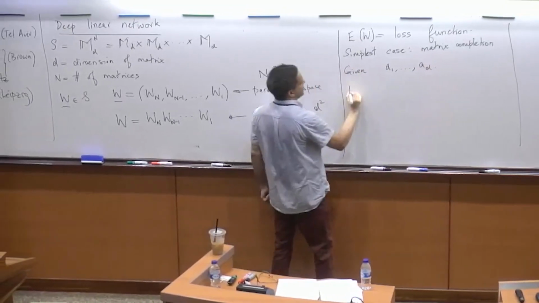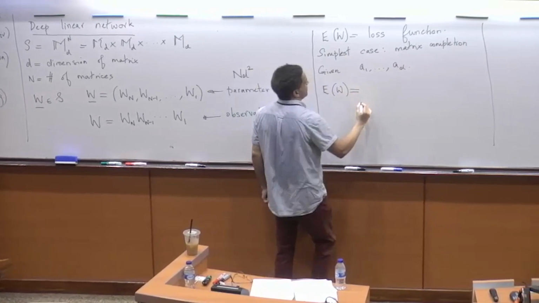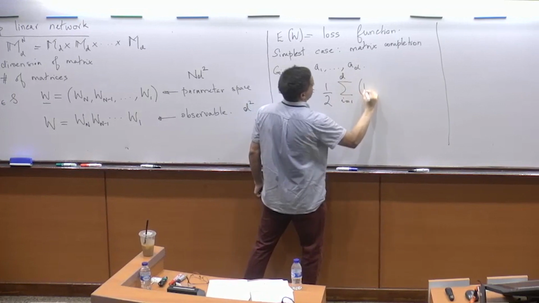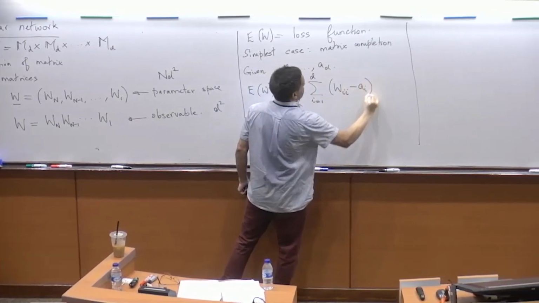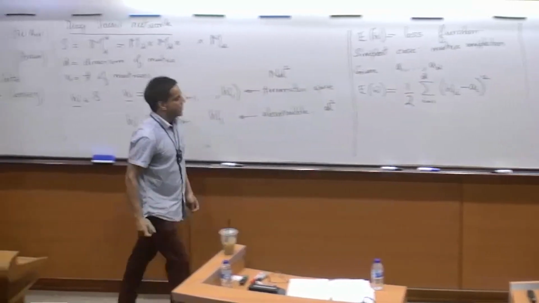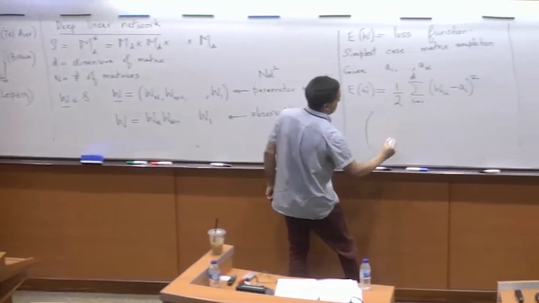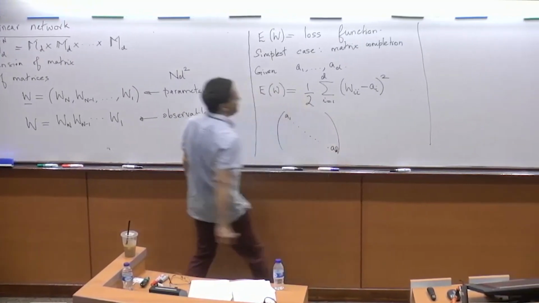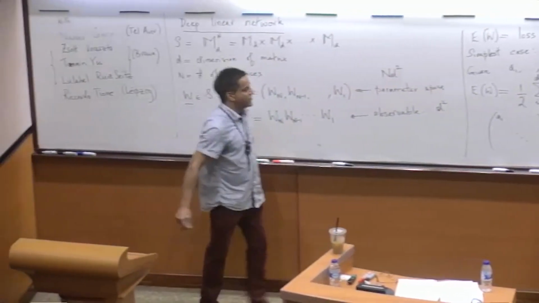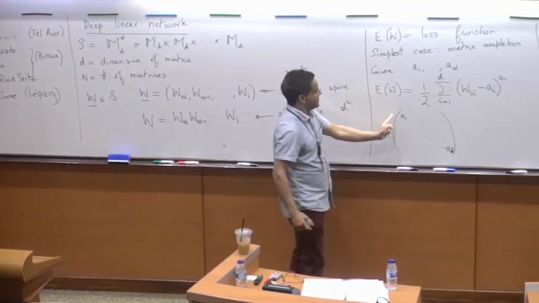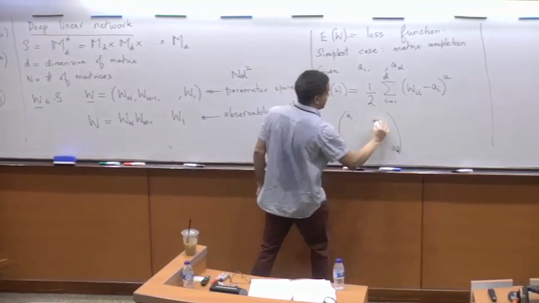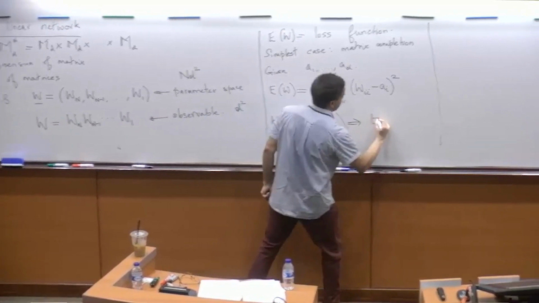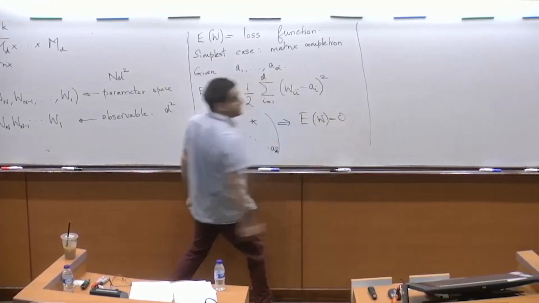And let me set E of W to be equal to one half the sum from i equals 1 to D of (W_ii minus A_i) squared. So what I'm doing is fixing a bunch of entries, and my energy function is 0 when the diagonal entries of W are equal to those. So if W has those diagonal entries, this tells you that E of W is equal to 0.